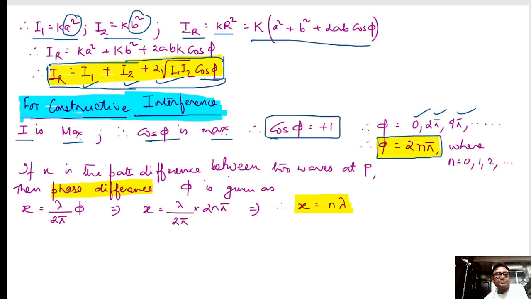Very important. So if x is the path difference between the two waves at P, what is this I'm talking about? Let me show you in the diagram.